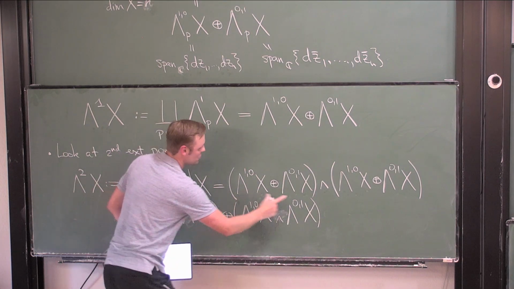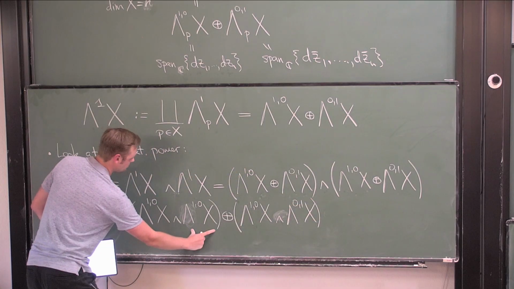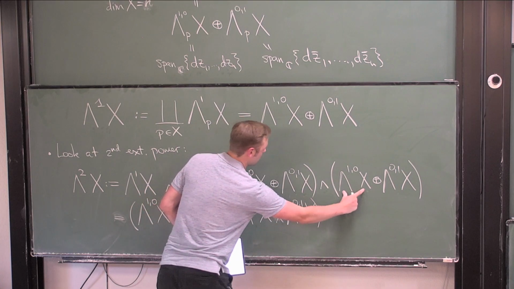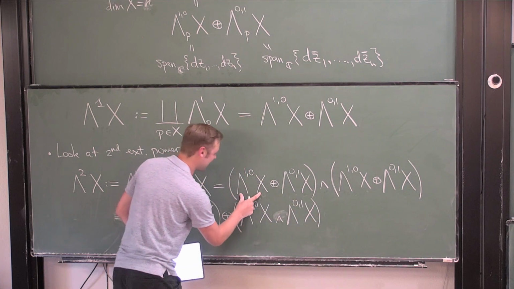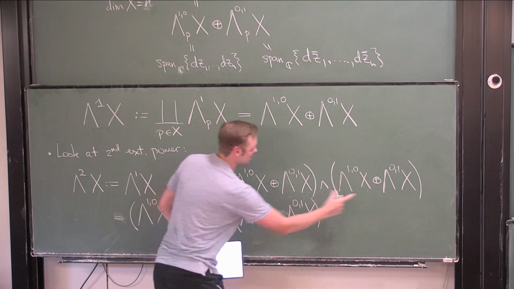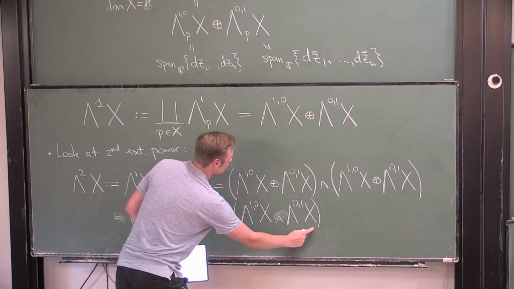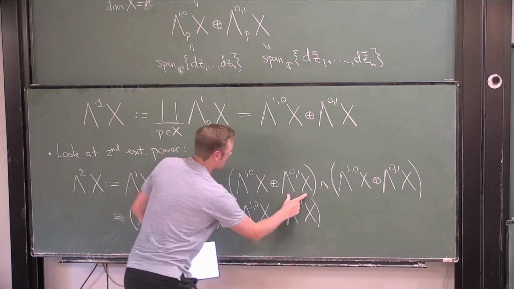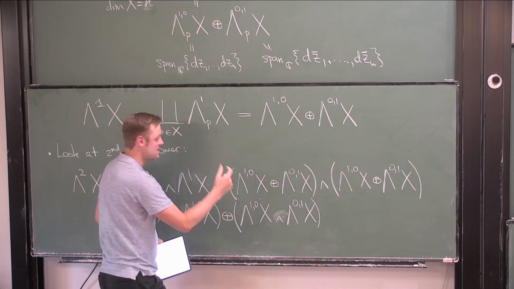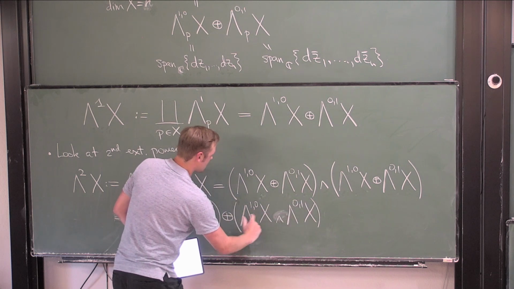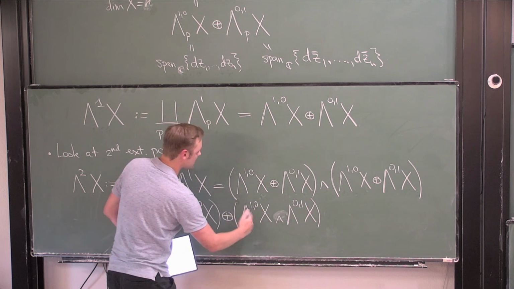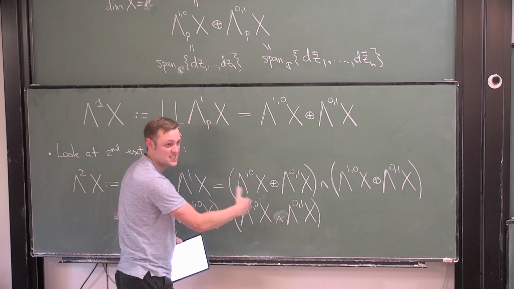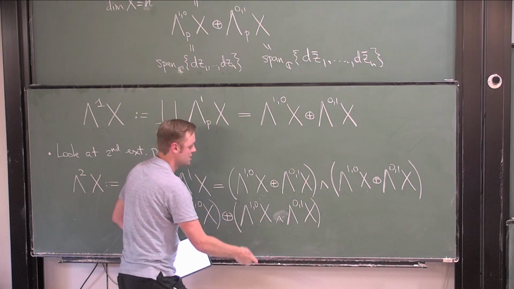So I wedge this with this, and I get this term. That's the first term. Then I wedge this guy with this, and I get this term. Then, if I wedge this guy with this, because the wedge product is anti-symmetric, what I get is essentially the negative of this wedge product, which as vector spaces is the same thing. So I don't have to write that extra term.